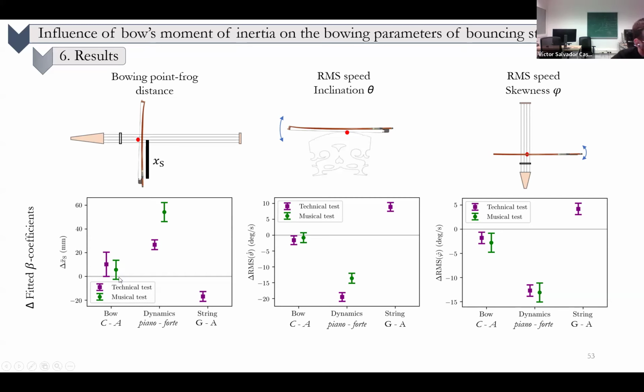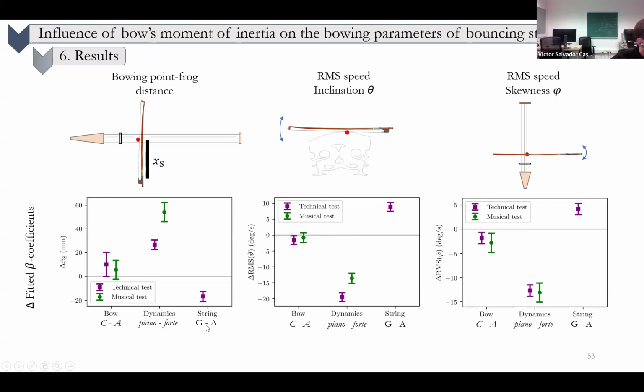Well, what we see also when we compare these variations on the bowing parameters due to the bow is when we compare with other effects, for example, the dynamics or the string. We see that the effect of dynamics on where the bouncing point of the bow is has a bigger influence than the bow itself, the moment of inertia of the bow.